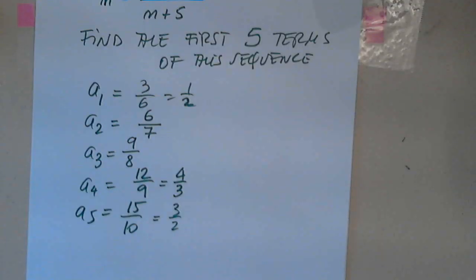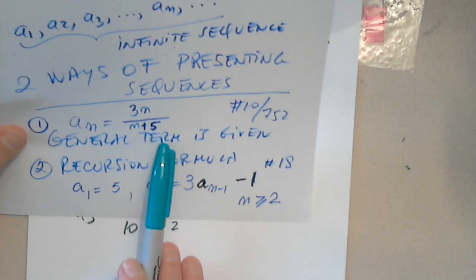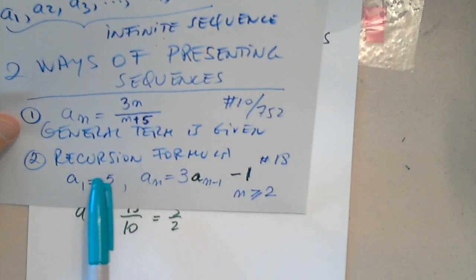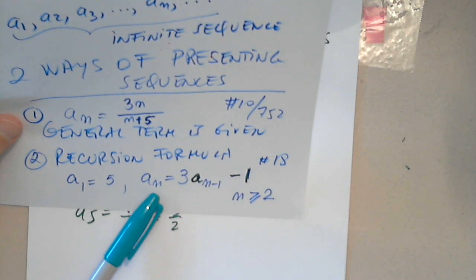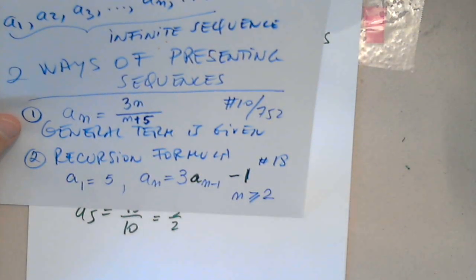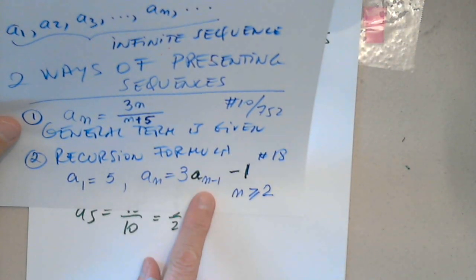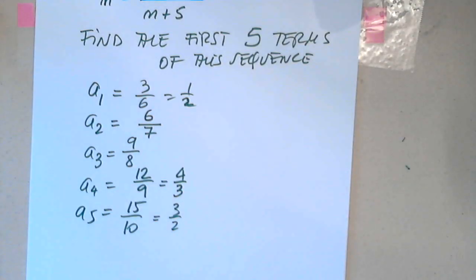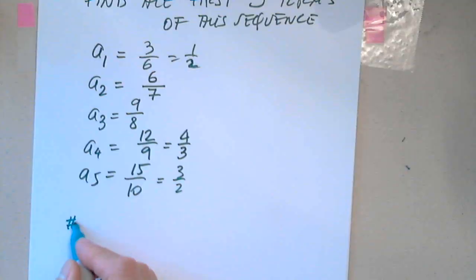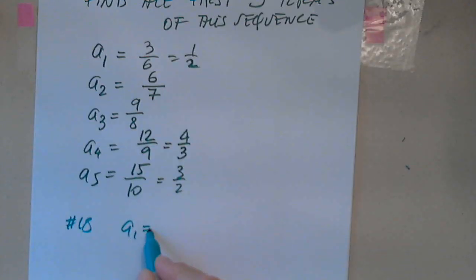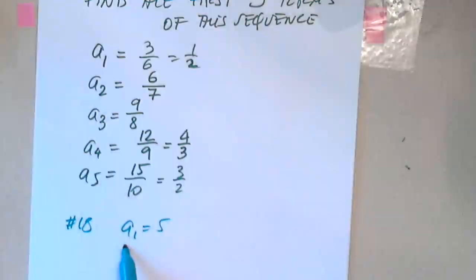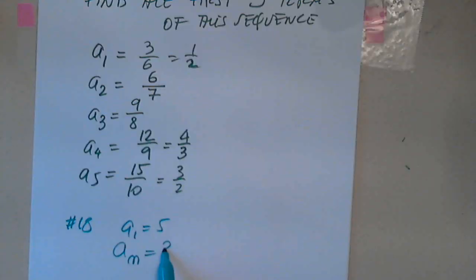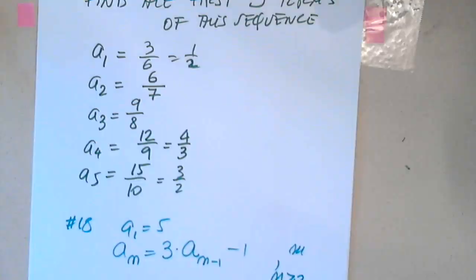Now let's look at the other one in which we're not given a general term. Or you can say we are given a general term, but in a roundabout way, depending on the previous term. So in problem 18, a1 is given to us as being 5, and a sub n equals 3 multiplied by a sub n minus 1, and minus 1, and obviously for n greater than or equal to 2.